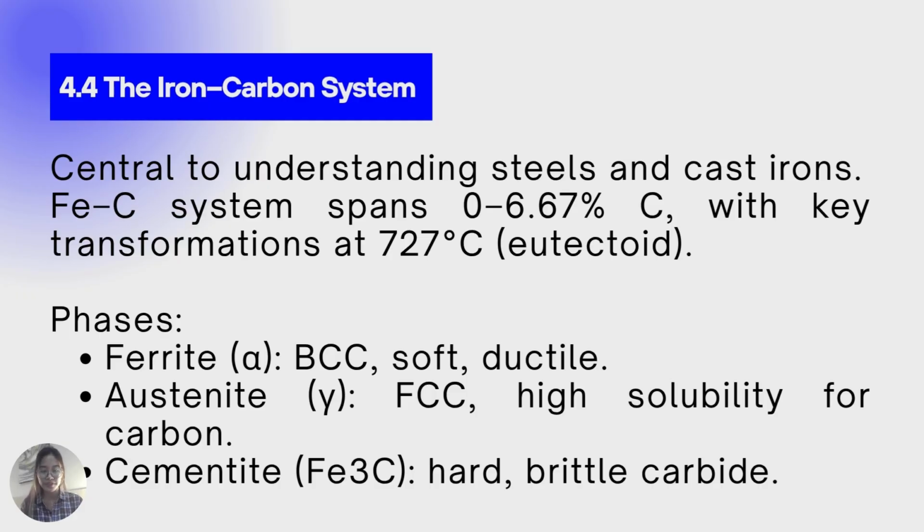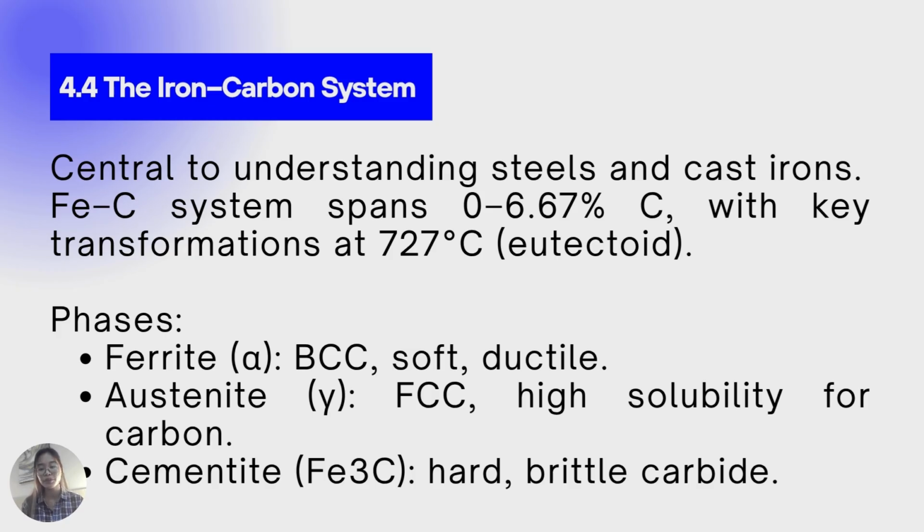At 0.77% carbon and 727 Celsius, austenite transforms into ferrite and cementite, producing pearlite, a layered microstructure of soft and hard phases. Steels contain less than 2% carbon, while cast iron contains more. This diagram forms the basis of all heat treatment processes, including annealing, normalizing, quenching, and tempering.